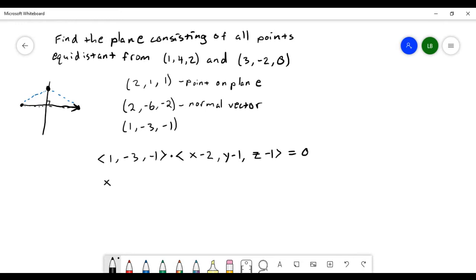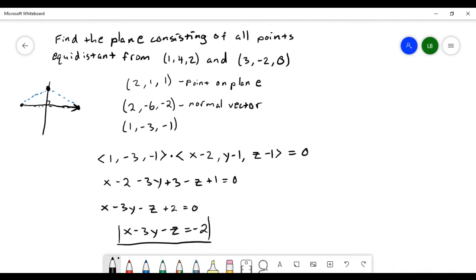So we get (x - 2) - 3(y - 1) - (z - 1) = 0. That simplifies to x - 3y - z - 2 + 3 + 1, which gives plus 2, equals 0. So yes, you were correct. Perfect. All right.